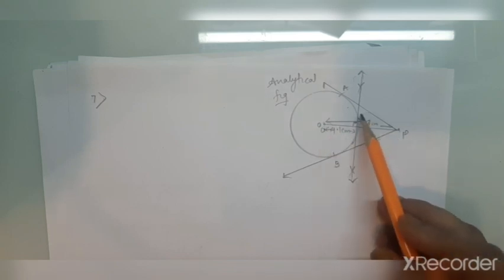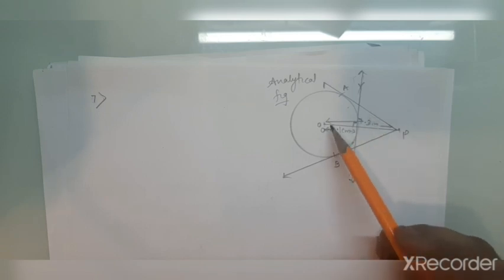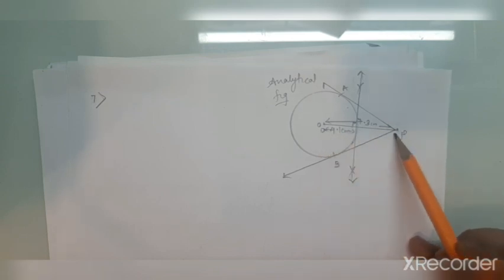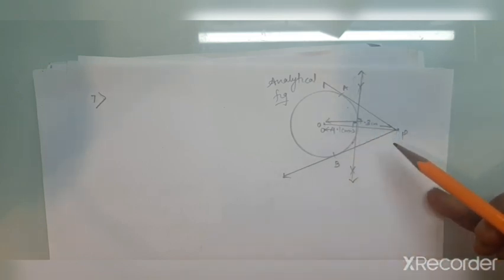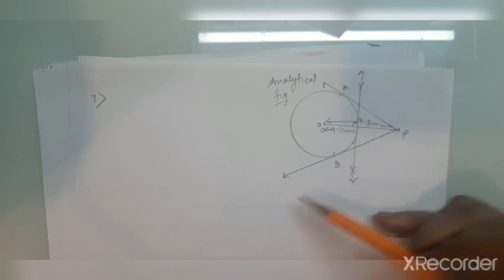They have not given any letters, so we take letters of our choice. Here I have taken O as the center, and from the center, at 7.3 centimeter, I have taken this point as P.